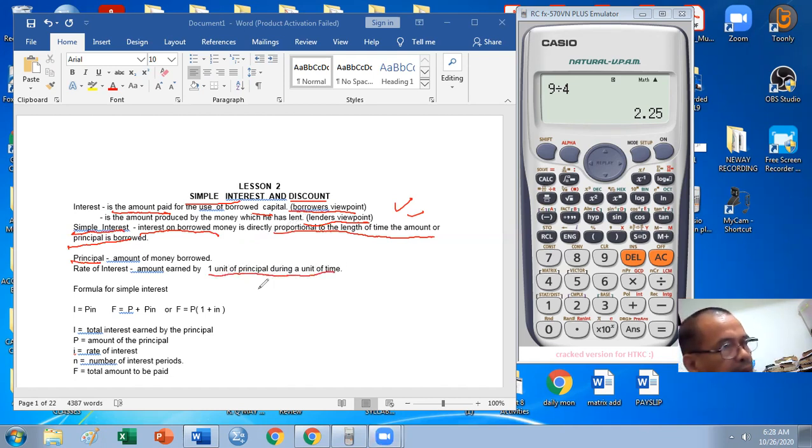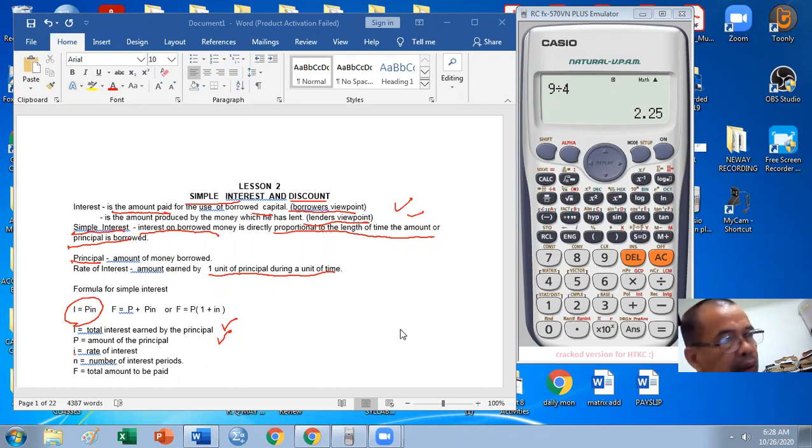So this is the only formula you need to remember. Since it is directly proportional, your I is PIN. What is P? This is the amount of principal. What is I? This is the total interest earned by the principal. The i is the rate of interest.